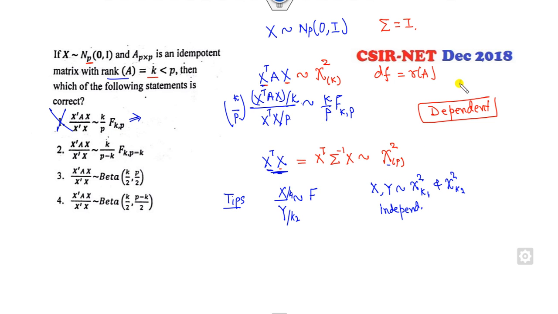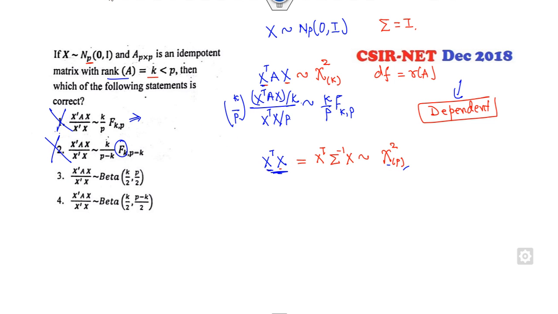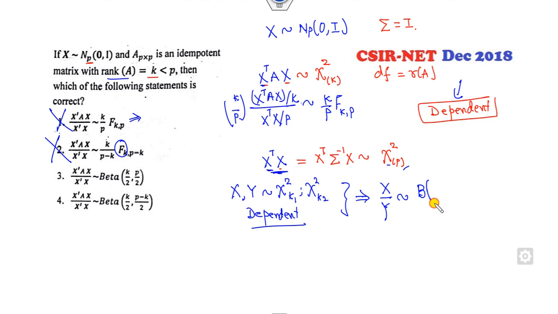But remember, this ratio is applicable only when they are independent, but they are not independent. Similarly, F is cancelled out. Now what will happen? They are dependent. So if x and y follow chi-square distributions with k1 and k2 degrees of freedom, and they are dependent on each other, then x over y follows a beta distribution with parameters k1 over 2 and k2 over 2.